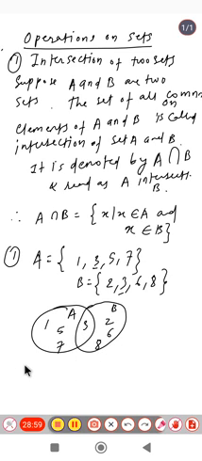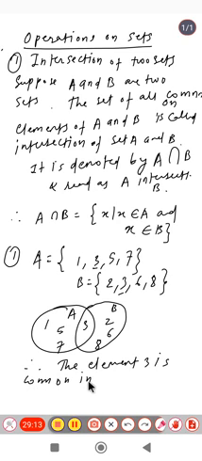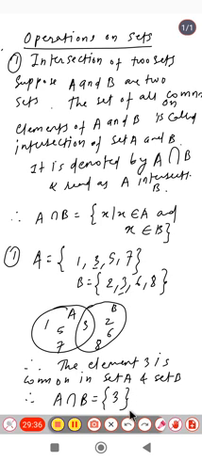So we can say that the element 3 is common in set A and set B. Therefore A intersection B equals, here, one common element. Understand? This topic we call intersection.